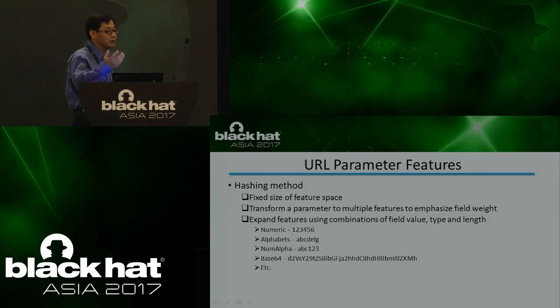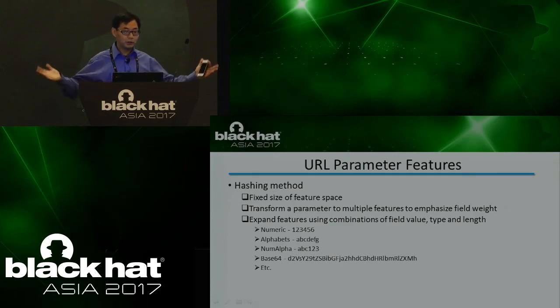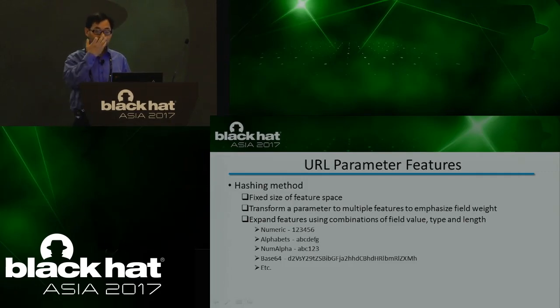To address this, we can use hashing to compress the huge feature space to a fixed size. Even after that, it's still sparse, so we don't have any issues with hashing collision. We don't have, say, two different features hashed to the same bucket.